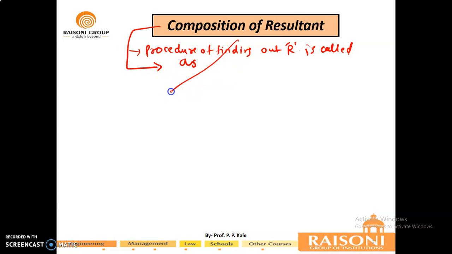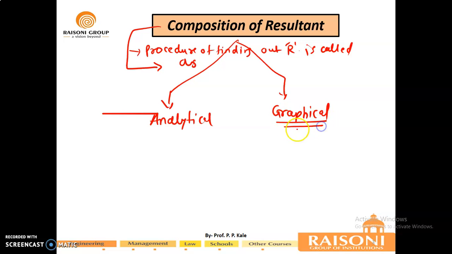There are two basic methods. The first method is the analytical method and the second one is the graphical method. For the graphical method I will prepare one separate video. In this lecture we are going to take one problem based on the analytical approach of finding out the resultant for a particular given force system.